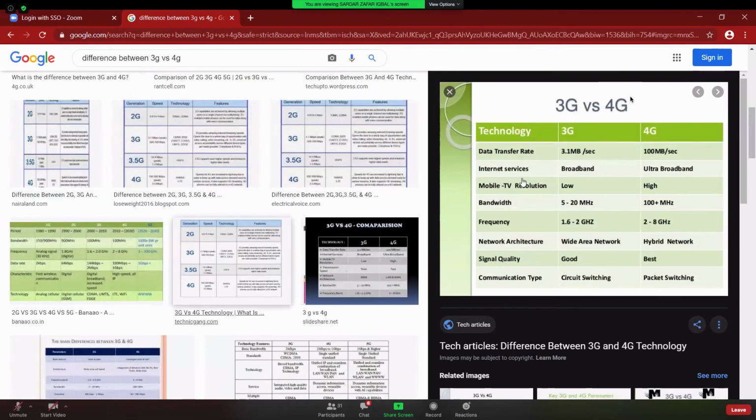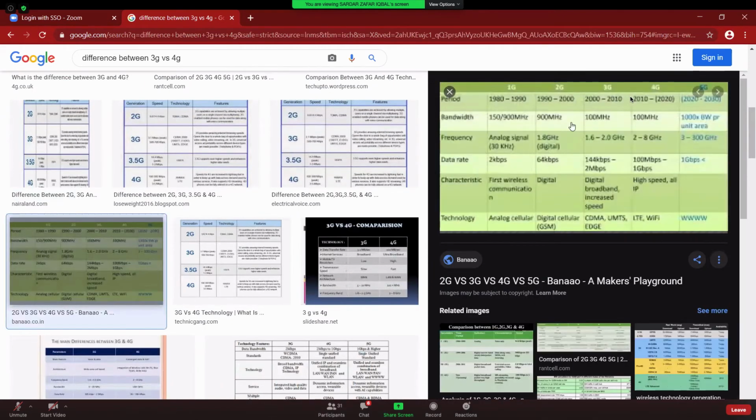Now see here, the data rate, the third one. In 1G we have 2 kilobytes. In 2G we have 64 kilobytes.